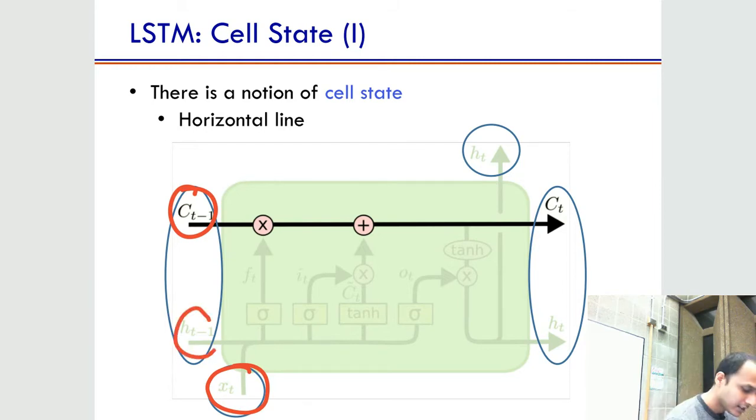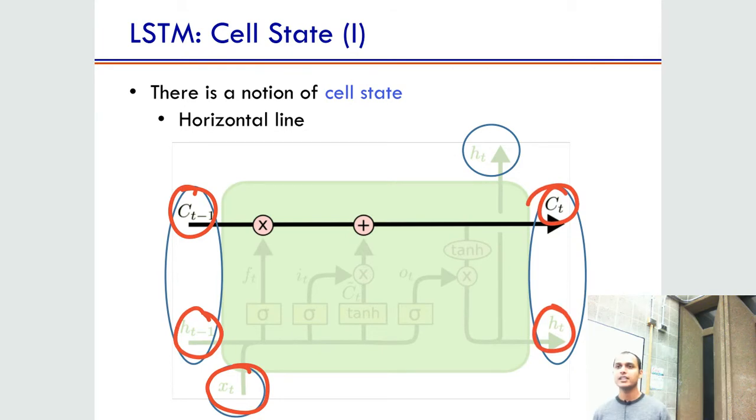So instead of two inputs and two outputs, it looks like three inputs and three outputs. But you can imagine that the cell state is the key ingredient. The other thing is just a slight transformation of it. We'll see what the other output is; it's just a simple transformation of the cell state.